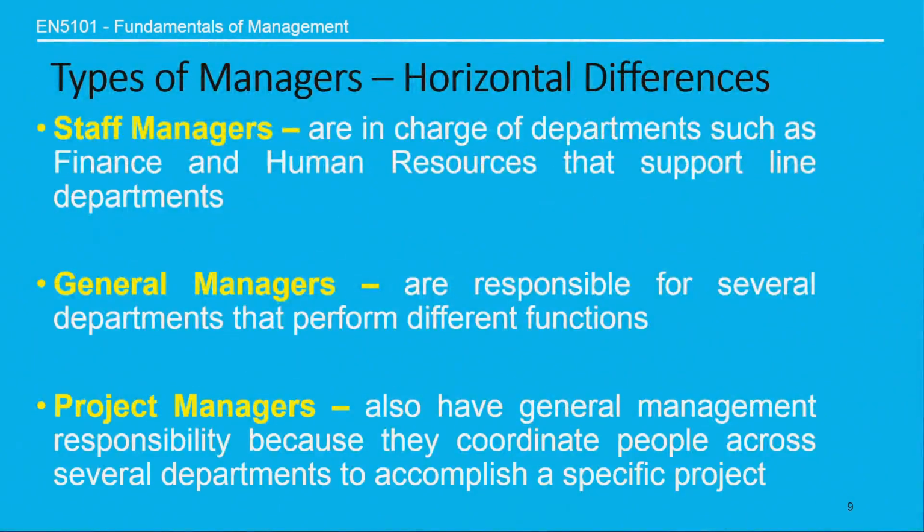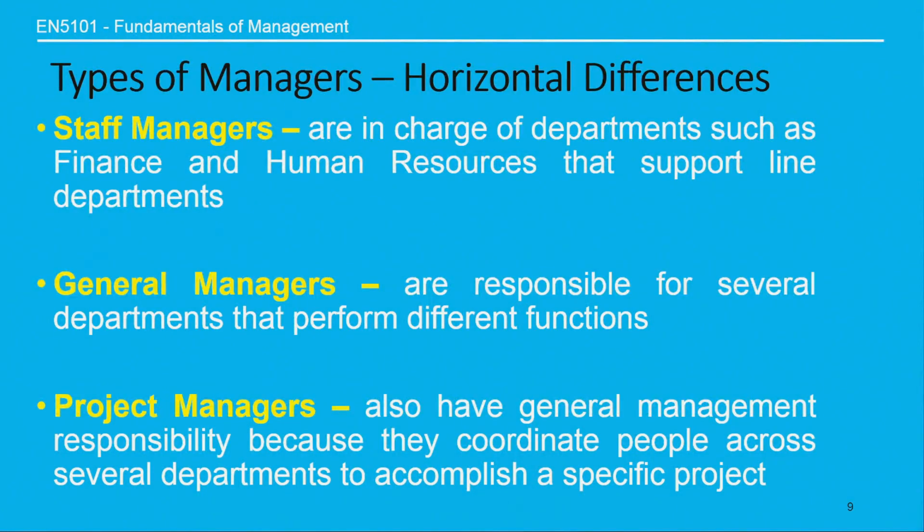Then staff managerial positions should be identified with these departments, finance, human resource, which are working as supportive departments. Then the managers they are identified as staff managers. Then another difference of identifying managers is identifying the general managerial positions.